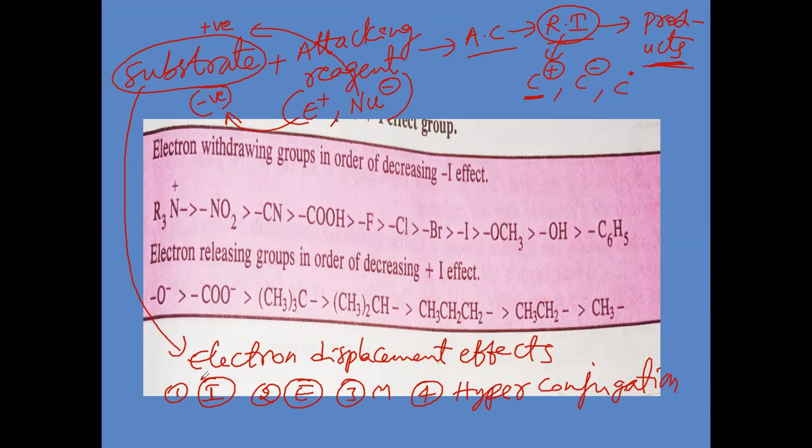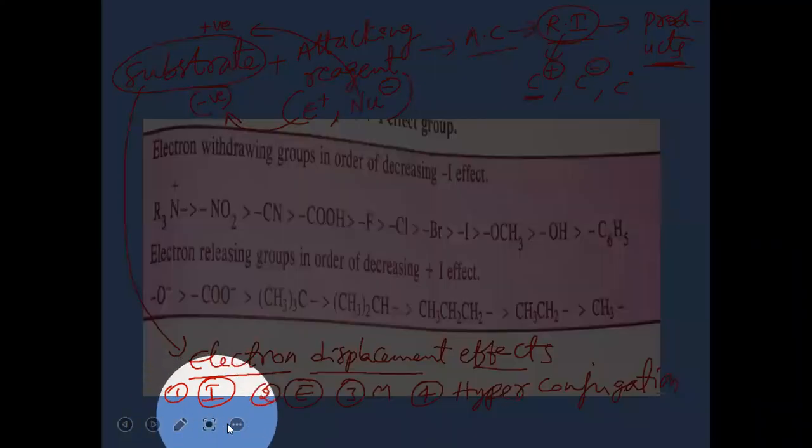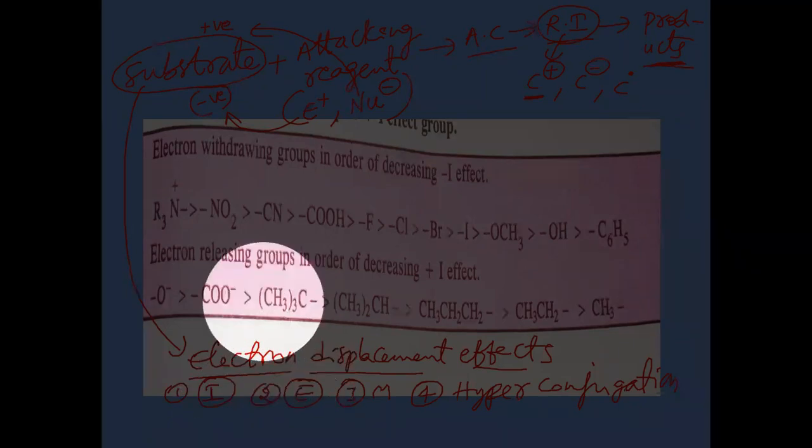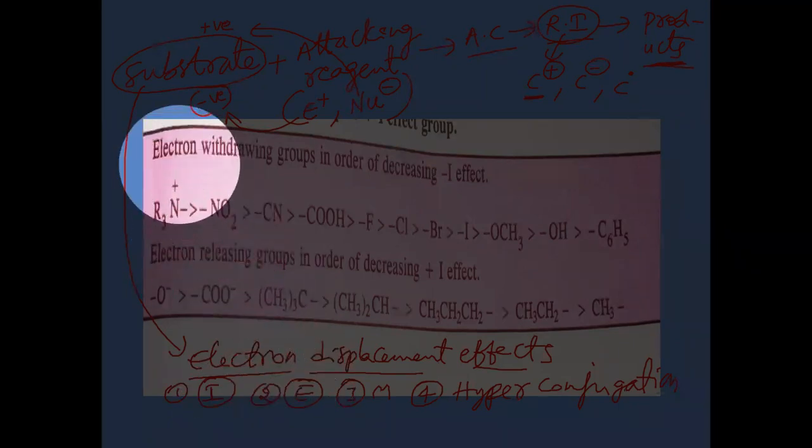In that, we have to understand what electron displacement effect means, electronic displacement. In that, the first one is the inductive effect. Is that clear? So the inductive effect is there. See now, electron withdrawing groups in decreasing order of minus I effect. Again, this inductive effect is of two types. What are they? Positive inductive effect and negative inductive effect.